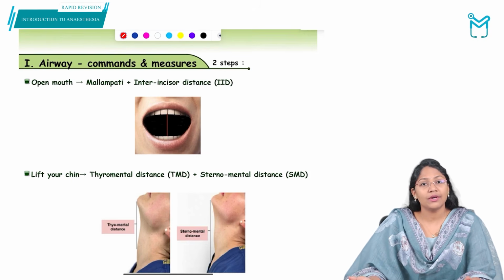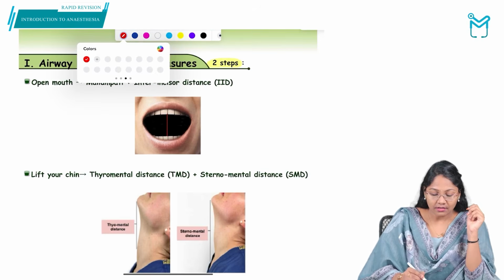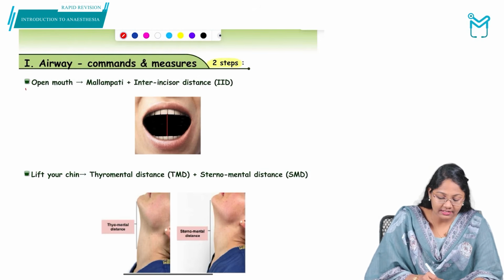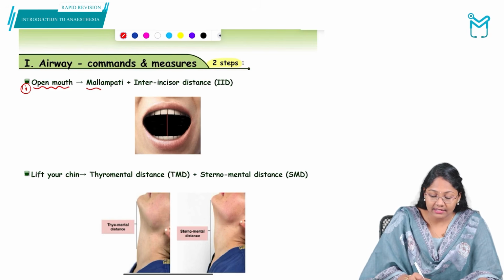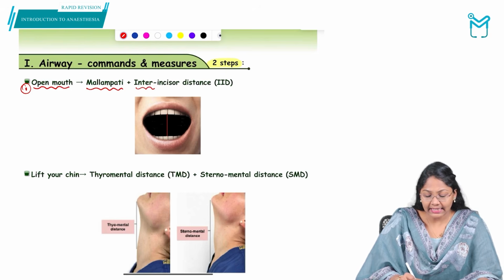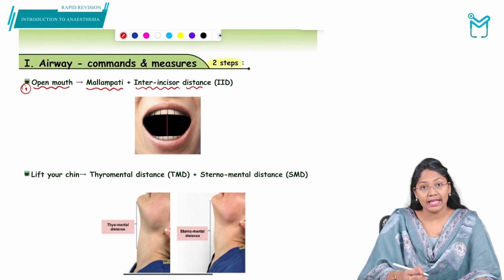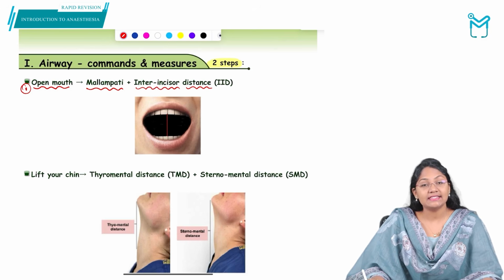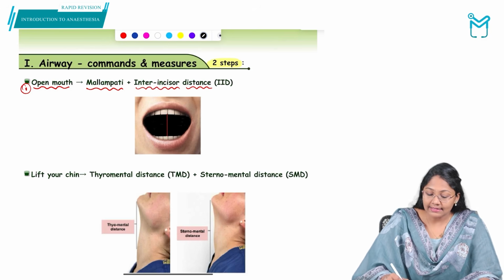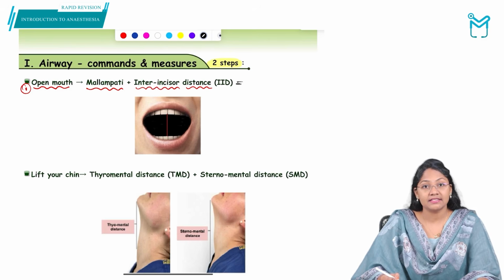So how are we going to do the airway assessment? We have two main steps. The first step is we ask the patient to open the mouth, and what we are going to check there is the Mallampati classification, I'll go into detail with that, as well as the inter-incisor distance. What does inter-incisor distance mean?